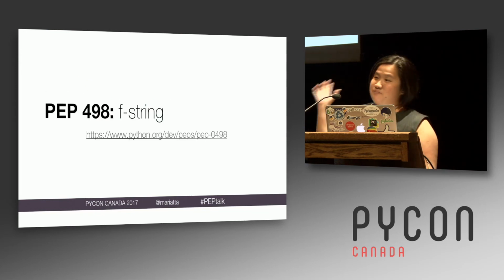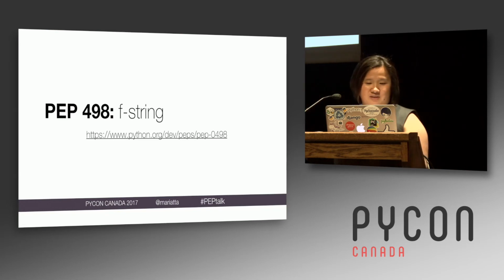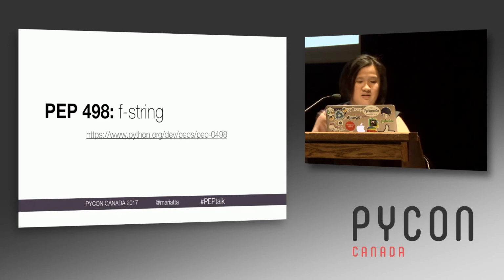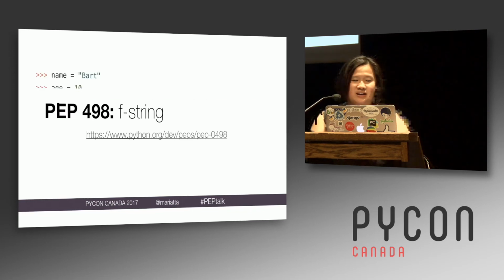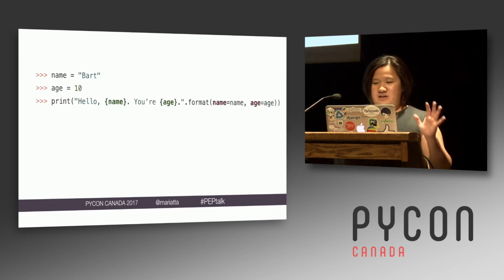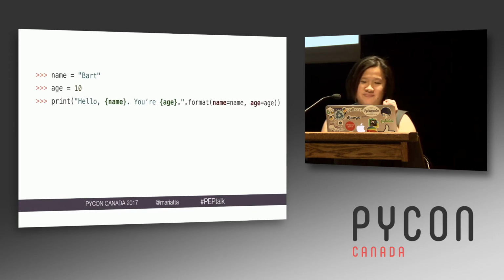That's where PEP 498 came. It introduced something new, yet another way of formatting strings. We'll call it f-strings. So here's how. Remember the example from the string format?